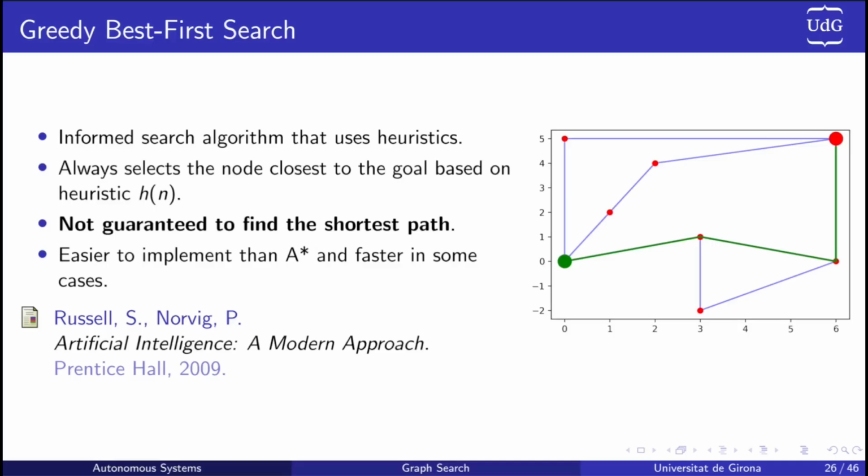But it's much easier to implement than A* and much faster. We need to compute fewer things, and therefore, for some situations, it can be good. As I told you, it's not super popular, but in some situations, it can be better than A*, at least faster than A*. A* is optimal, so better is impossible in terms of the final path produced, but it can be better in terms of being faster to execute.